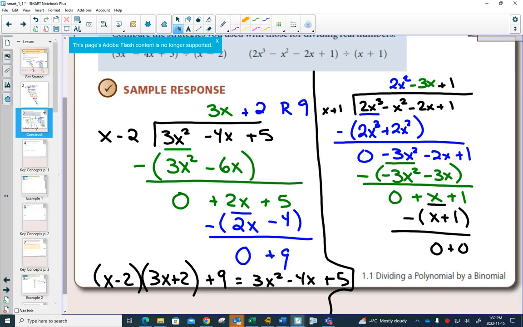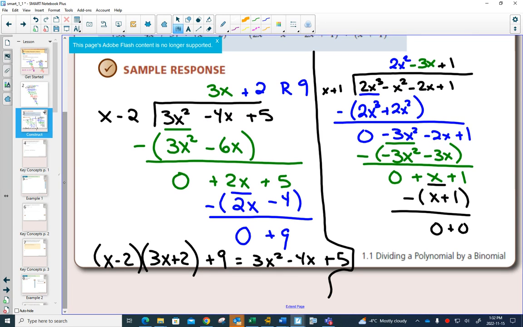And this is a little foreshadowing of what is going to happen in this unit. If I write out what this means, x plus 1 times 2x squared minus 3x plus 1 is equal to 2x cubed minus x squared minus 2x plus 1.